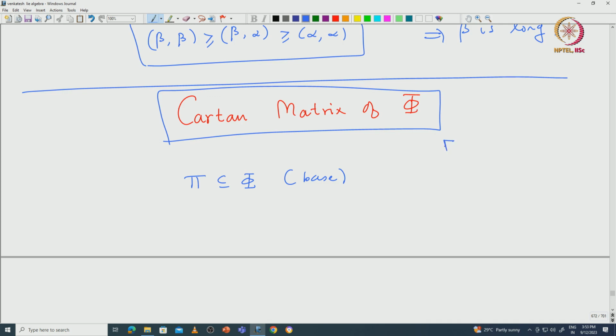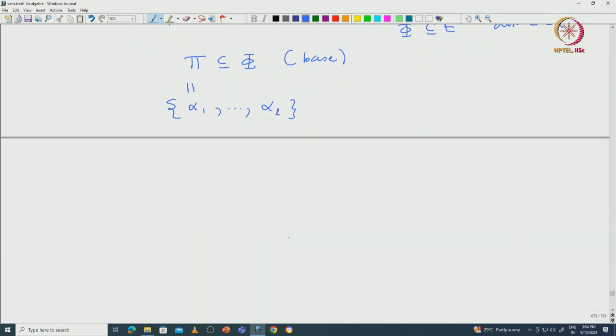Okay. Let us say E is the Euclidean space that contains phi, and the dimension of E is L. In particular, I can label the elements of pi, the ordered elements of pi, as alpha 1 etcetera alpha L. Now, given these alpha i's, we have this natural matrix, which we call the Cartan matrix. What is it?